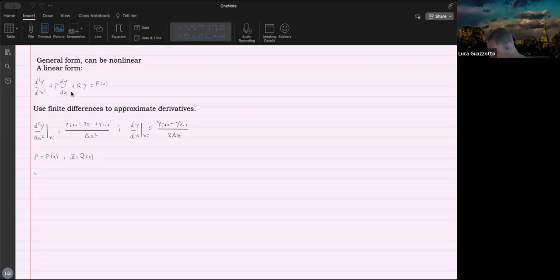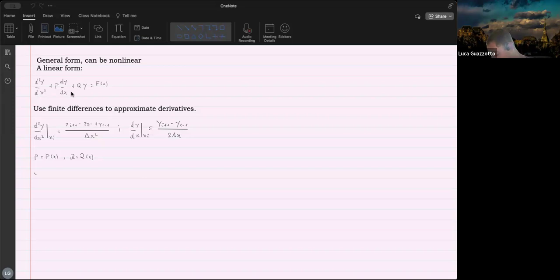Then I have i plus 1, so y sub i plus 1 is going to have the same coefficients as the i minus 1, except that it's plus p sub i over 2 delta x. Okay, I should have everything, and this is equal to f sub i.